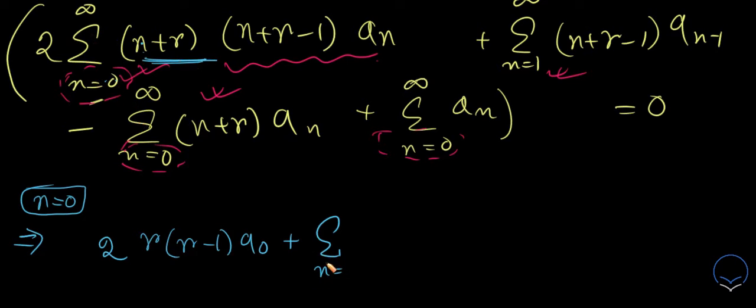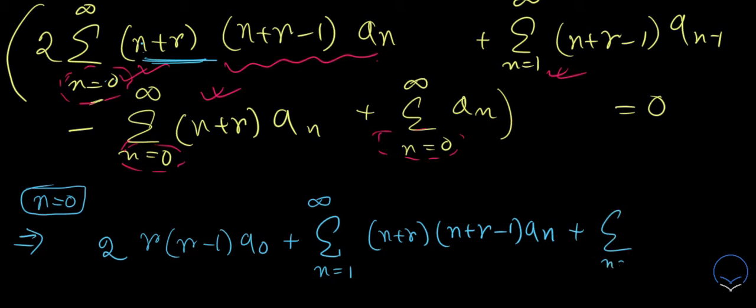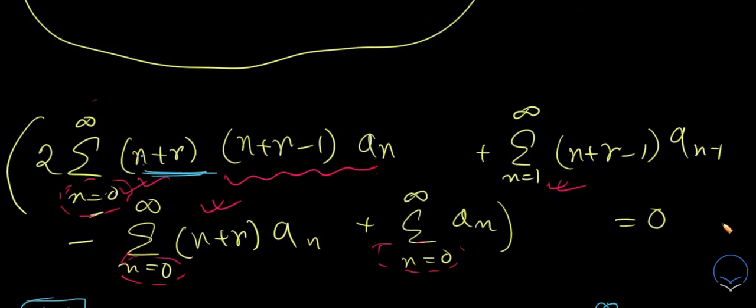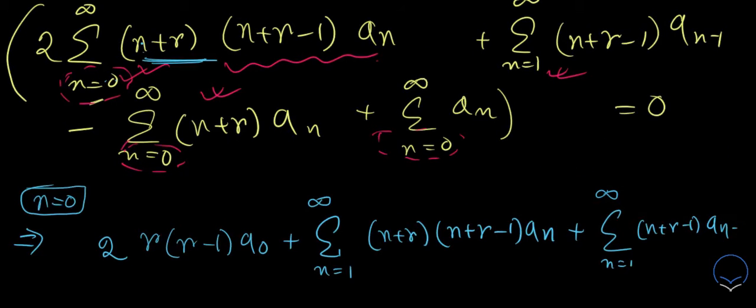So I have evaluated it for n equals 0, so now it will start from n equals 1 to infinity, and the rest is just the same, right? And the second term obviously starts from n equals 1, so there is nothing to do about it. Leave it as it is, n plus r minus 1 a of n, sorry, a of n minus 1.